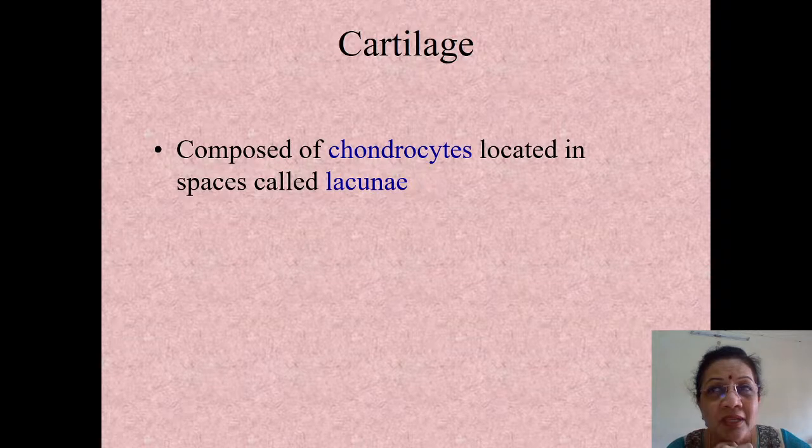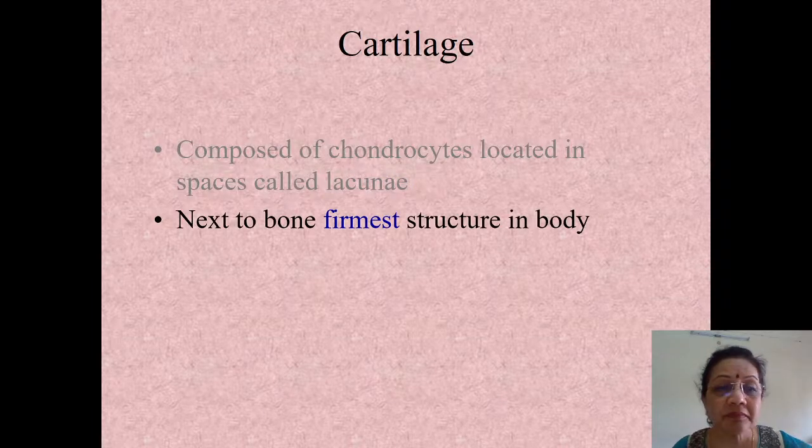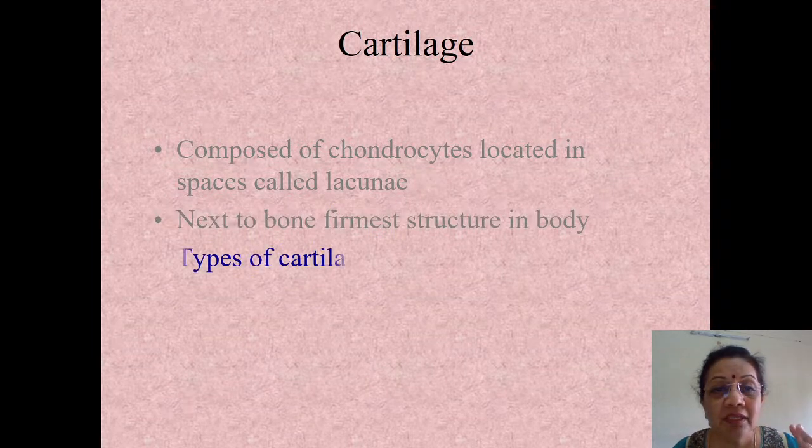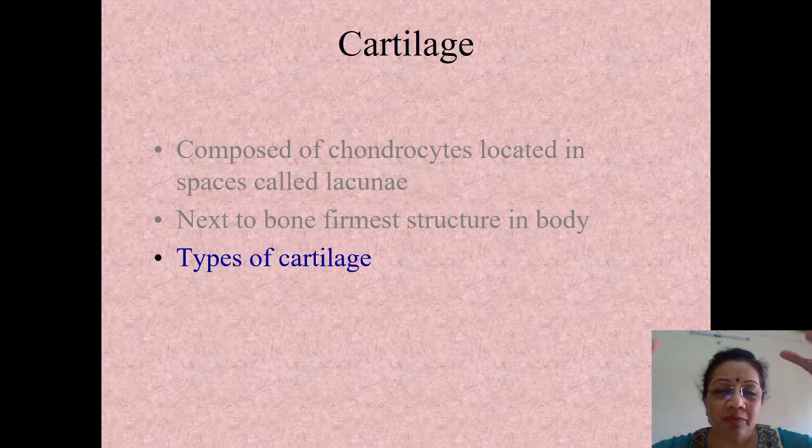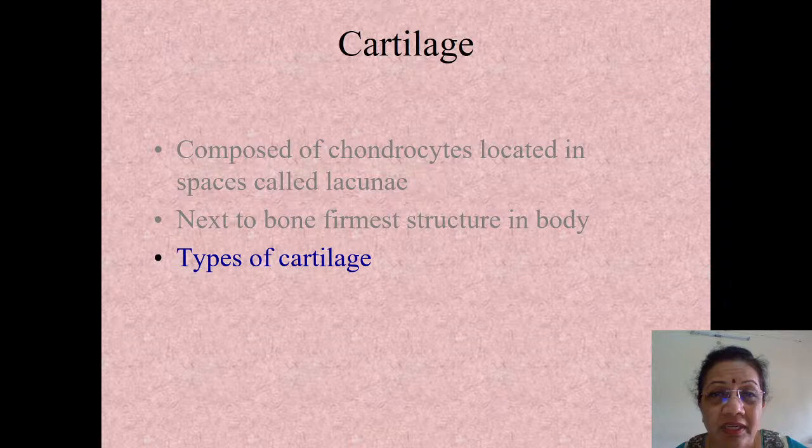So in cartilage, the matrix is such that since it permits a good amount of diffusion, those chondrocytes which are now in the spaces which they occupy, which we call lacunae, will be kept alive from the nearest blood vessels or the capillary networks by the release of those nutrient materials which will go through and through the matrix and come to the chondrocyte.